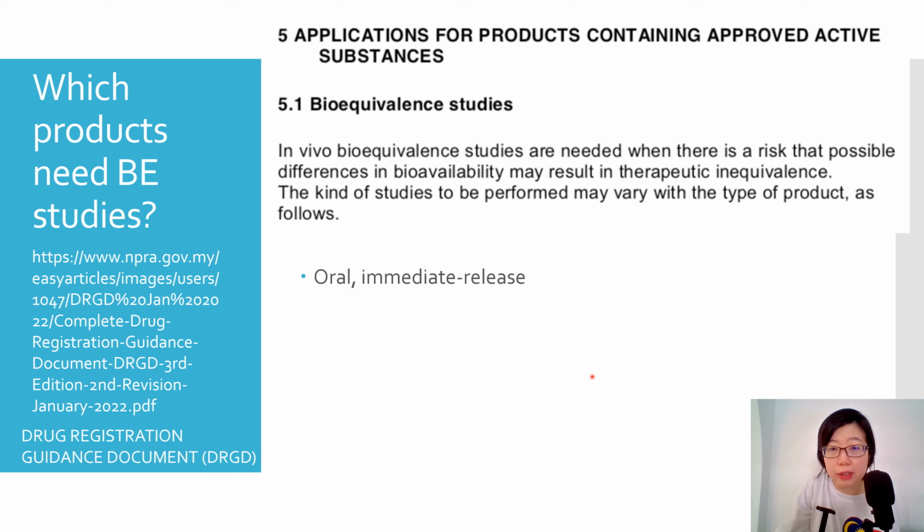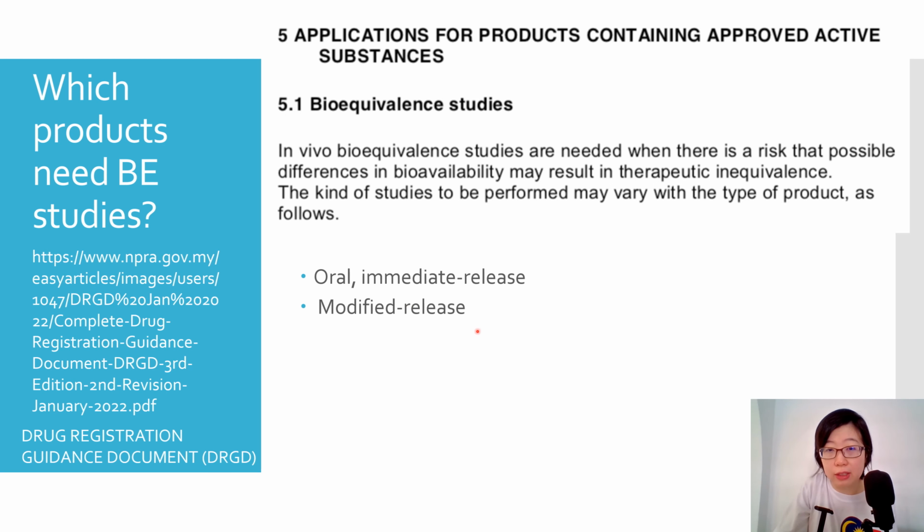When we look at the list, there are a few stated categories of drugs for which you must do a BE study to allow registration as a generic drug in the country, like in Malaysia or other places. The first one is the standard one, the historical standard oral dosage form, which is an immediate release form.